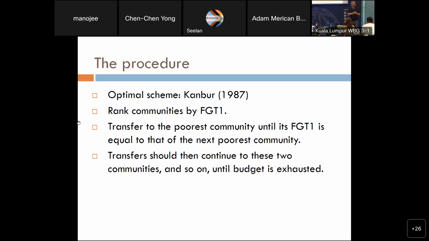So you keep transferring money until the gradient in that province or district matches the gradient of the province with the second highest gradient. At that point, you start transferring money to both of those provinces until their gradients match the gradient of the province with the third highest gradient. So that's, in a nutshell, what this optimal targeting scheme looks like.